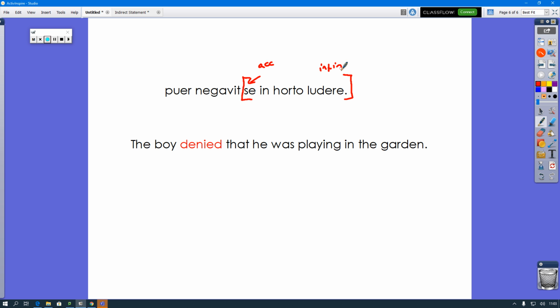Accusative plus infinitive. The boy denied that he was playing in the garden. But really in English, a much more common way of translating this would be, the boy said that he was not playing in the garden, because we very rarely use deny in English. So a negative indirect statement will very commonly use nego, deny, rather than putting not into the statement.